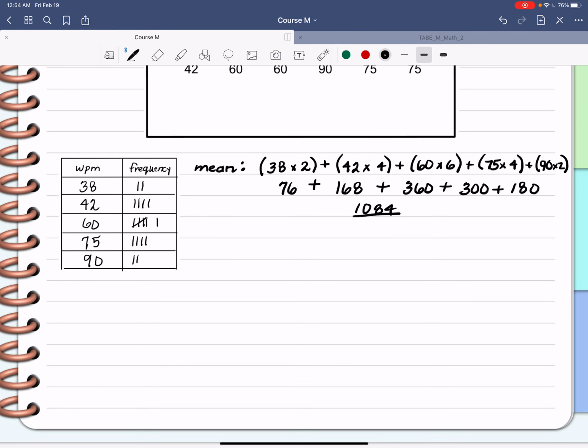So let me just count here. We have 6, 12, 16, 18. Divide by 18. And so the average typing per minute is 60.2 words per minute. So there is the mean of the data.